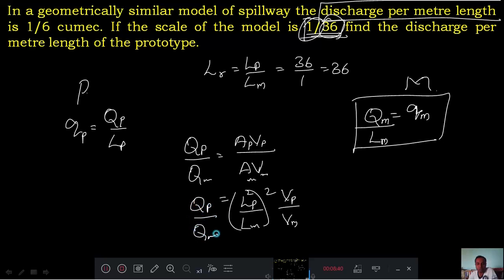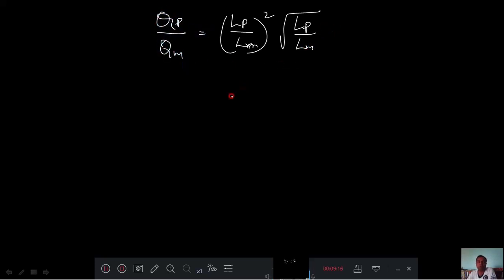In a previous video we discussed that for the Froude model law, Vp by Vm will be root Lr. I will substitute here. Then I will get Lp by Lm whole square into root of Lp by Lm, that is your Qp by Qm.